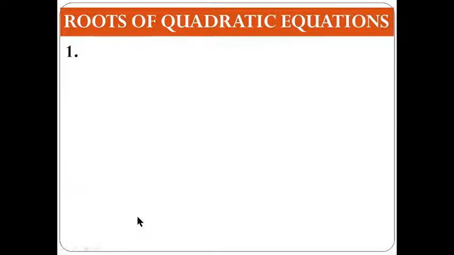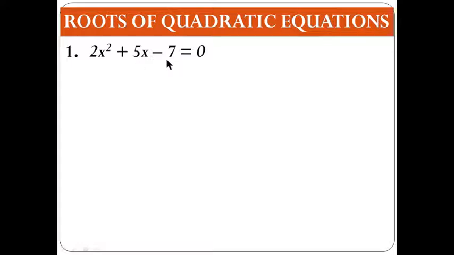So, gaya ng ito halimbawa, 2x squared plus 5x minus 7 is equal to 0. So, bago natin kunin ang discriminant, i-check muna yung given equation kung naka-standard form siya.